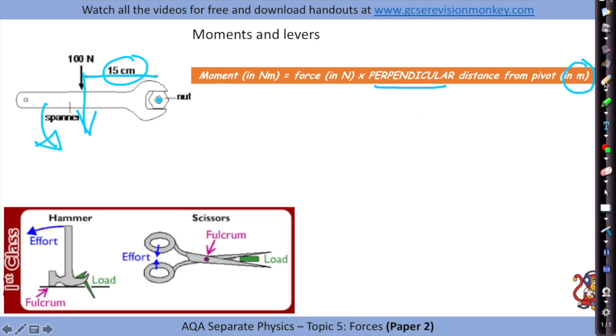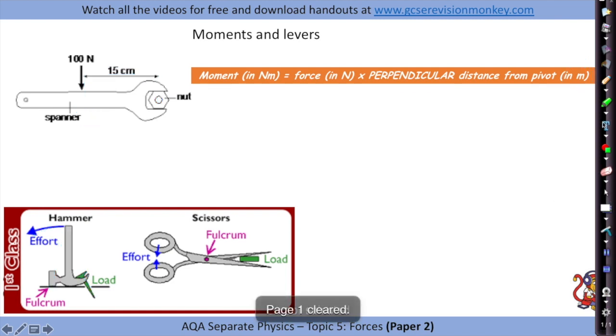Okay, in different situations, the pivot might appear in a different place. So on a hammer, if you want to use a hammer to lift up a nail here, the effort would be applied at the end of the hammer. So your perpendicular distance would be 90 degrees to the force being applied. So that would be your perpendicular distance there down to the pivot, and our load is on the other end of the hammer there.